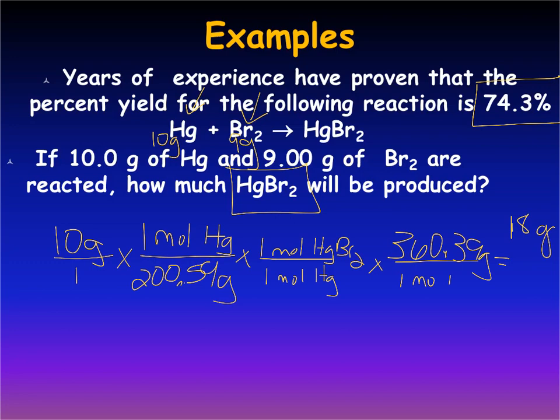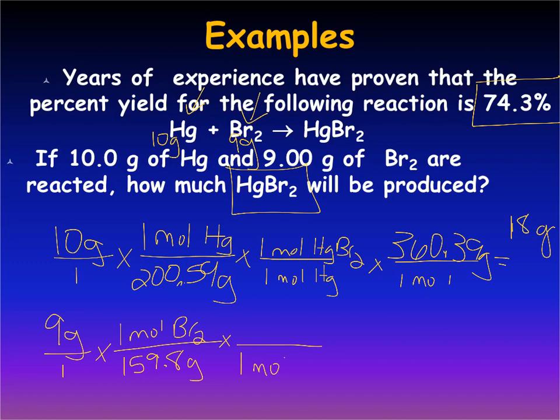Now you're going to go back and do the bromine. So I got 9 grams of bromine over 1. Need my molar mass of Br2 down here, which is 159.8 grams. And then my ratio between Br2 and HgBr2 is 1:1.